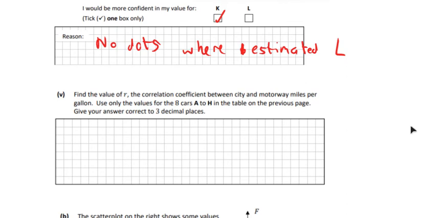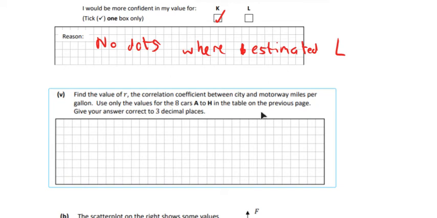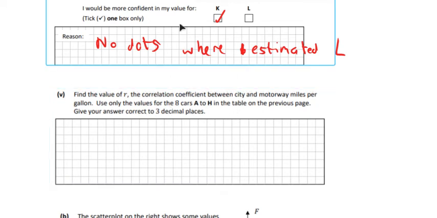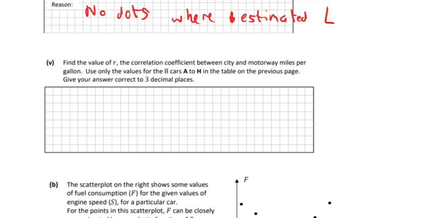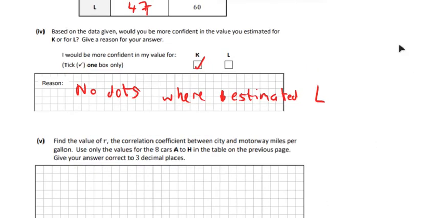Find the value of R, the correlation coefficient between city and motorway miles per gallon. Use the values for the 8 cars A to H in the table on the previous page. For this part you need to use a calculator. There's a way of inputting all the data from the table.